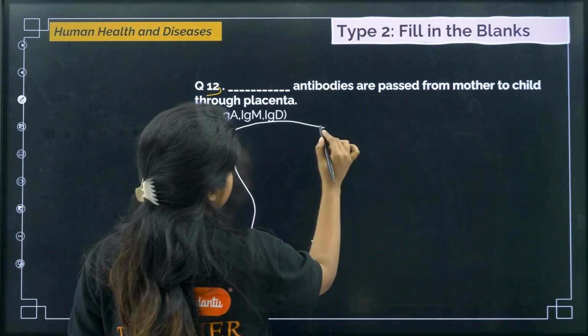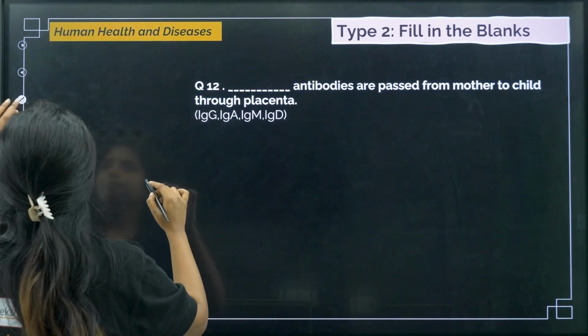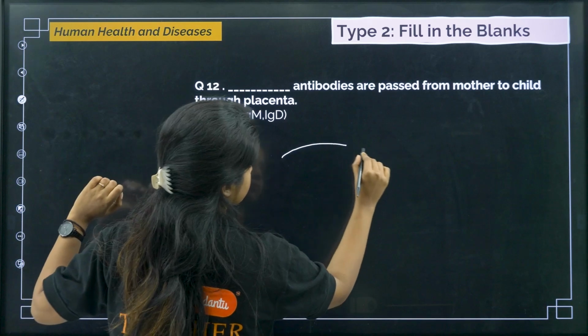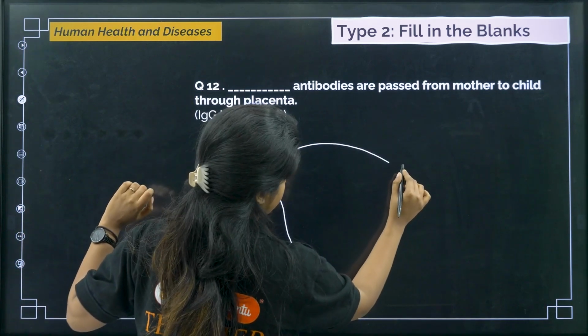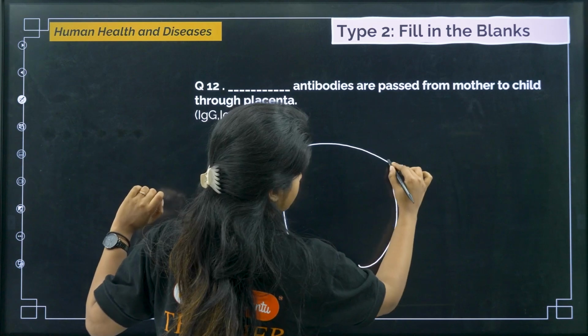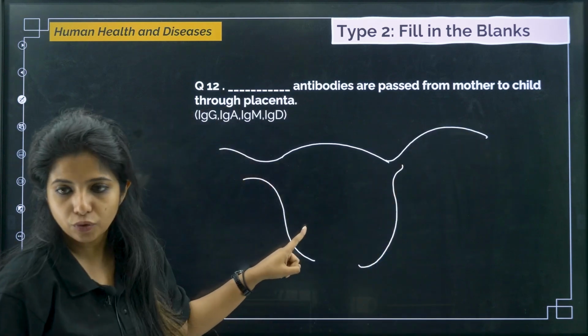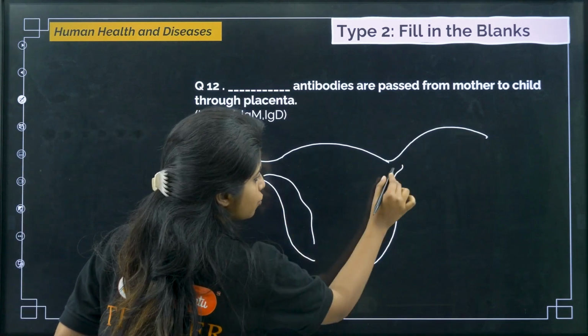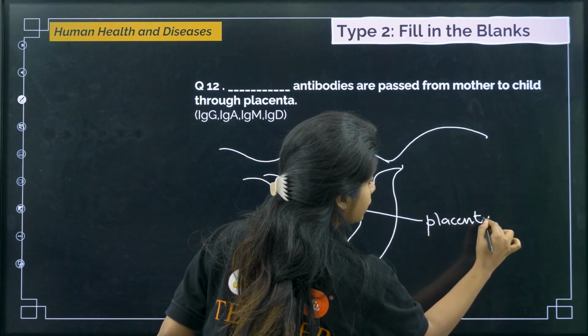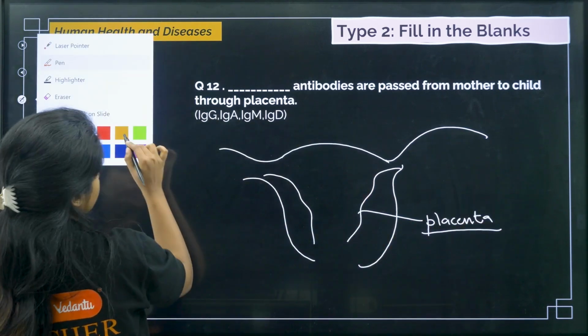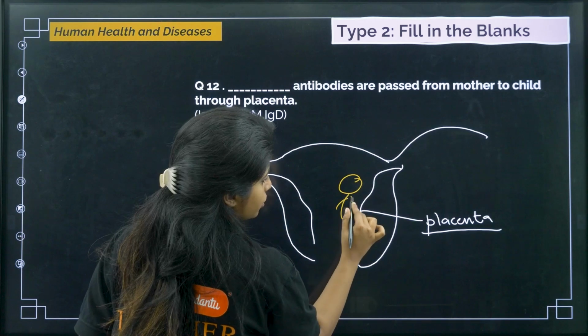Over here, a tissue is being formed which is known as placenta, which provides nourishment to the growing embryo or the growing fetus.